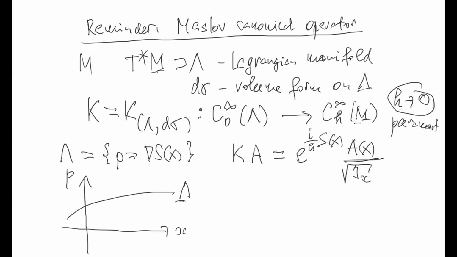If we have a function here on lambda, lambda is diffeomorphically projected on this x-axis, so we can interpret it as a function of x, and this Jacobian is just G of x.